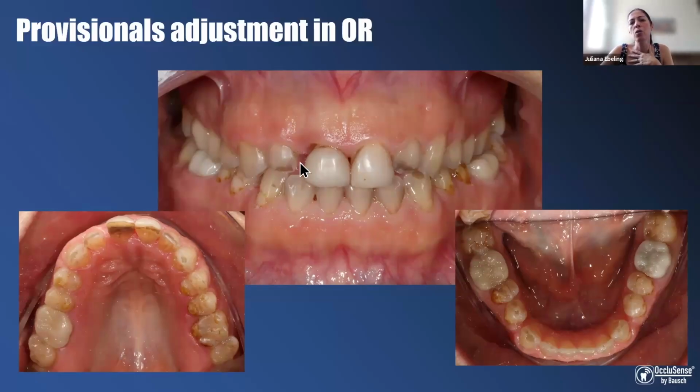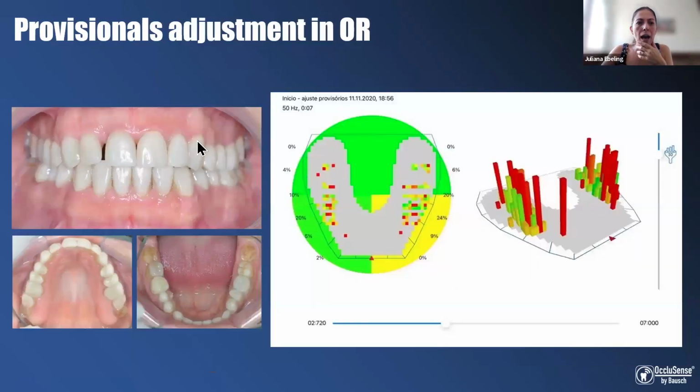We need to undergo orthodontic treatment, but the patient has a very important complaint: sensitivity and esthetics were not good. So I did the whole process of functional occlusal analysis, the plan, the purpose of the treatment, and then I made the provisionals to start the orthodontic treatment.